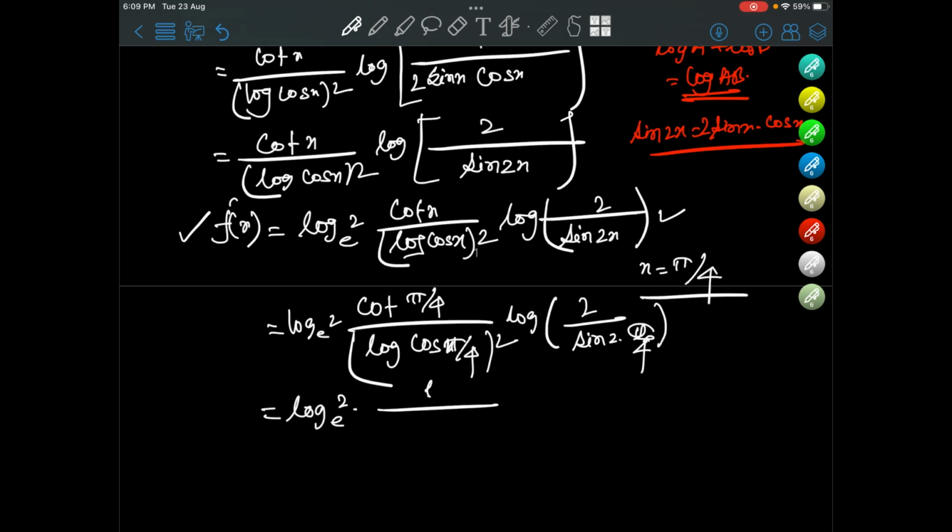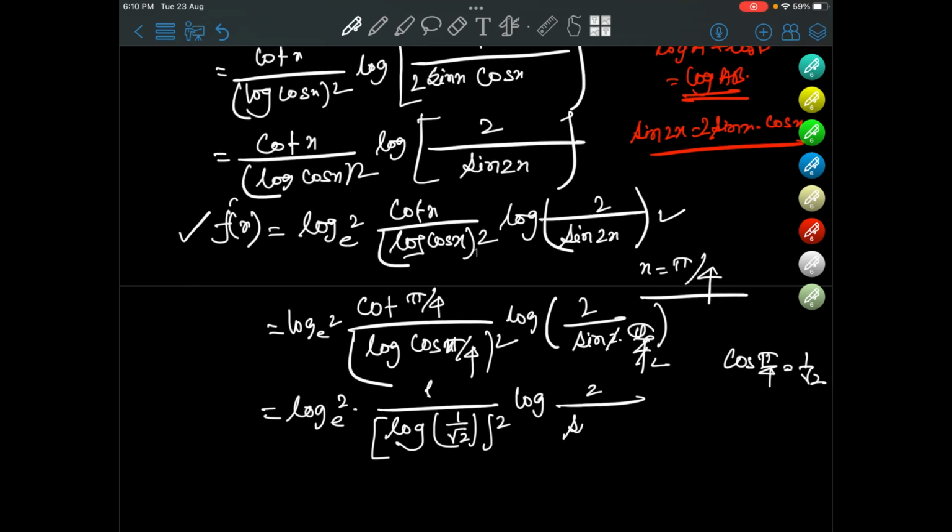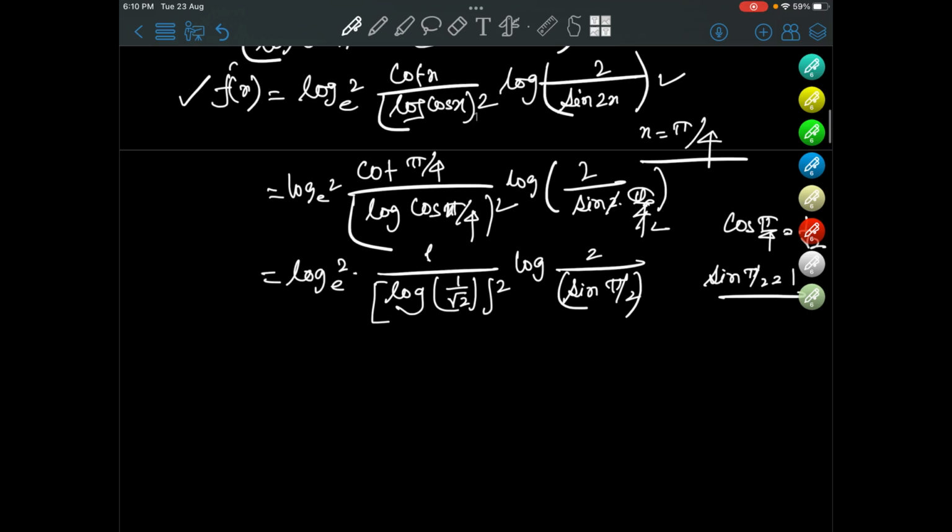Here we are getting cos pi by 4 equals 1 by root 2. So (1 by root 2) whole square times log 2. Here we can cancel out 2. So we are getting sin pi by 2, and sin pi by 2 equals 1, because sin 90 degrees equals 1.